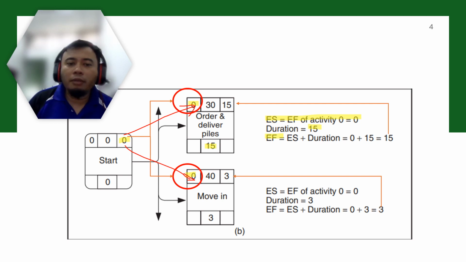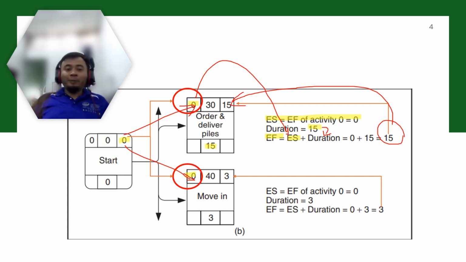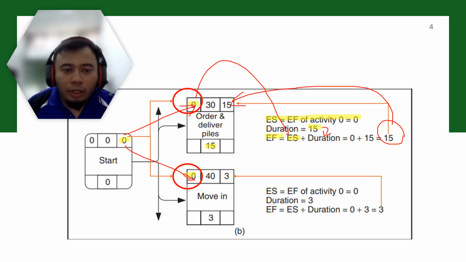So your EF, earliest finish, will be your ES plus your duration. Very simple mathematics. Let's take a look at the next activity.